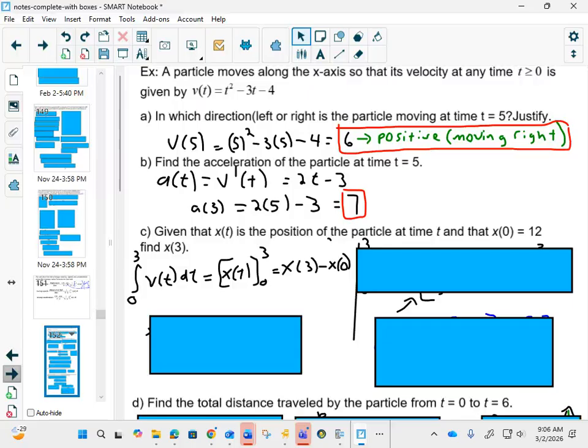So if I do the integral from 0 to 3 of the velocity, that is describing how much the displacement has changed from 0 to 3. It's an accumulation of change. And if I do that, that'll be x of t from 3 to 0, which will be x of 3 minus x of 0.